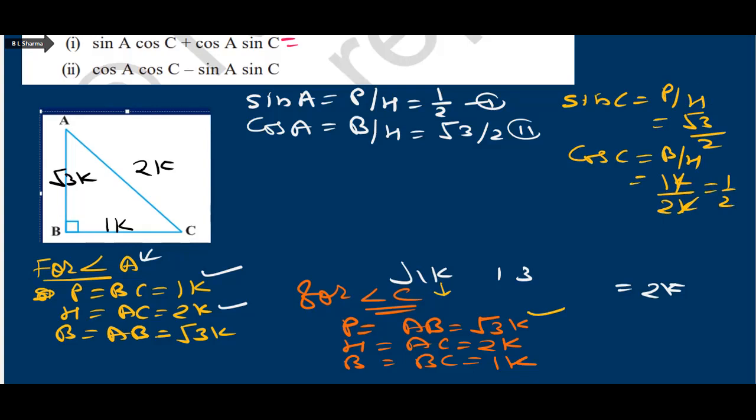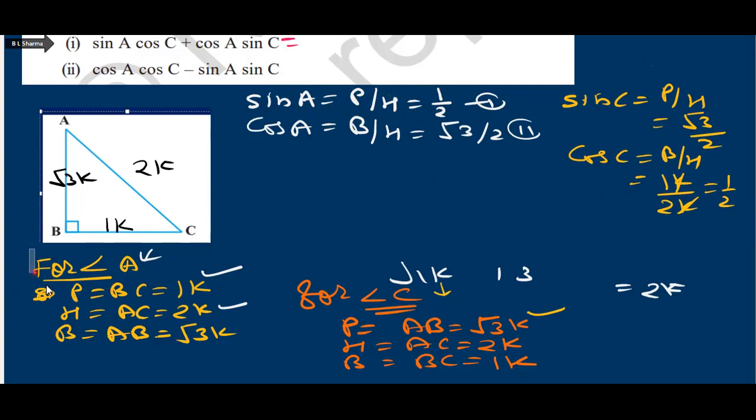Now the values: sin A is 1 by 2, cos A is root 3 by 2, sin C is root 3 by 2 and cos C is 1 by 2. We will put these values.